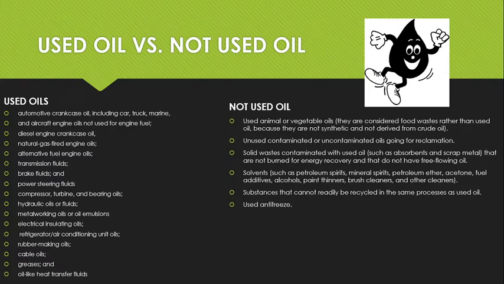But what's not used oil is used animal or vegetable oils, unused, contaminated or uncontaminated oils going for reclamation, solid waste contaminated with used oil that are not burned for energy recovery and don't have free-flowing oil. So that'd be, for example, when we pick up like hydraulic oil and absorbents that we've done on roadside cleanup, and we plan on sending that to the landfill, that's not considered used oil. So, there's a difference there.